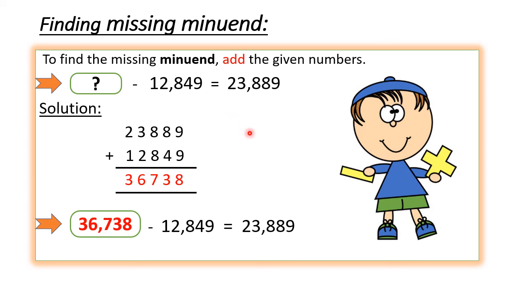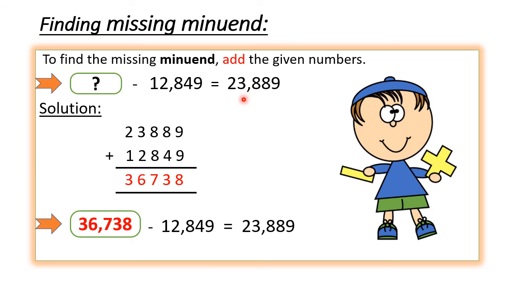Students, let me tell you one more thing, that here a question arises: why do we perform addition here, why not subtraction? So the answer is, as you know students, in subtraction the first number is always the biggest number, or in other words you can say that in subtraction the minuend is the biggest number as compared to the subtrahend and the difference.